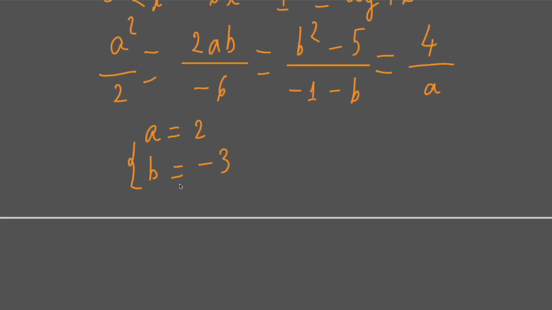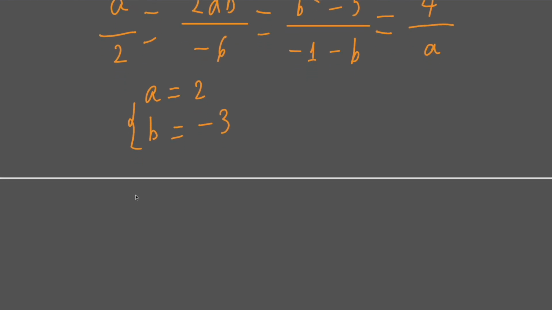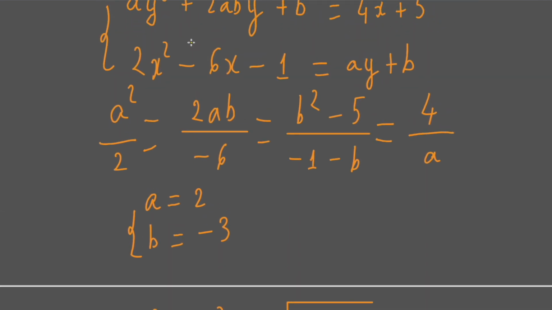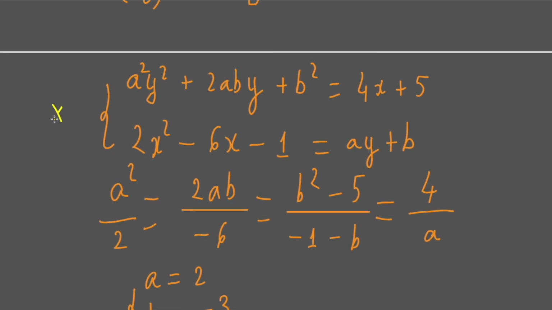Then we replace it back to the substitution. We would have 2y minus 3 equal to the square root of 4x plus 5. And we replace it into the asterisk system of equations.